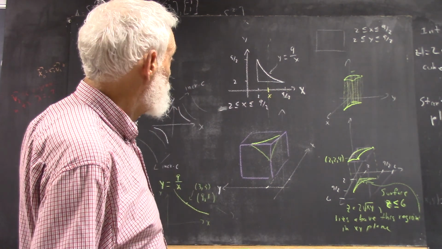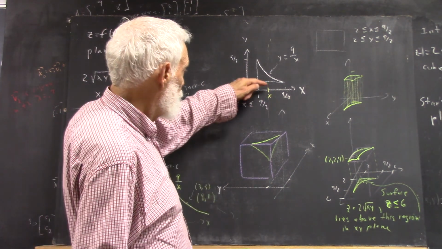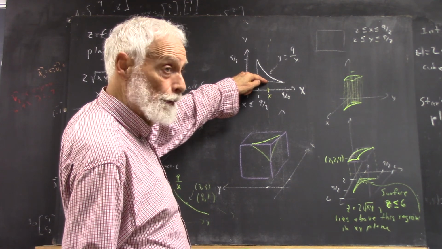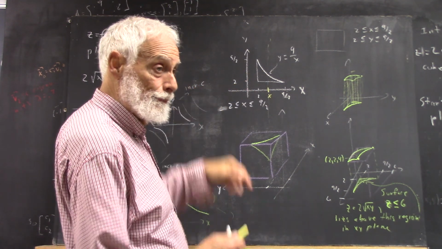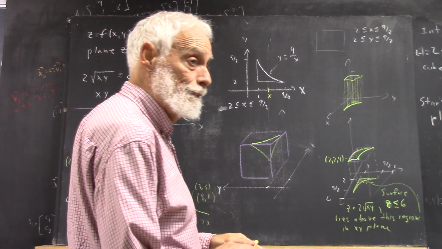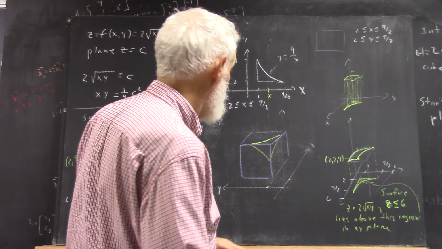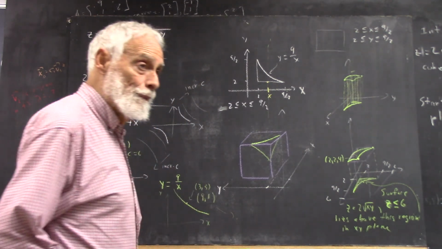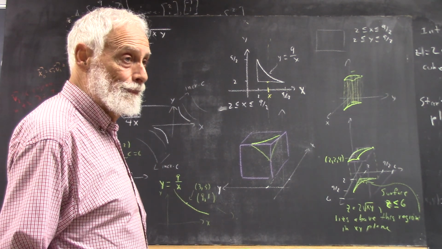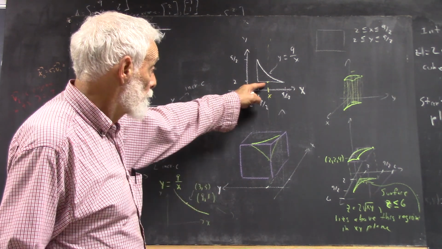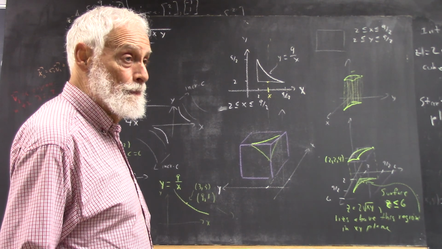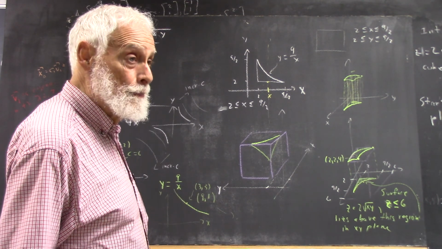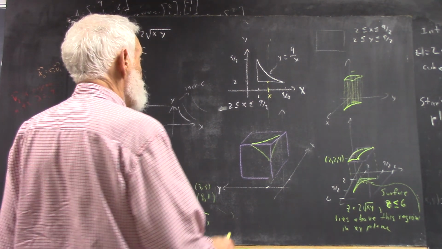If this is x, then what are the limits on y? What's y here? Less than 9/x. Well, you know exactly what y is at this point. What's the y coordinate of this point? 2. Right.